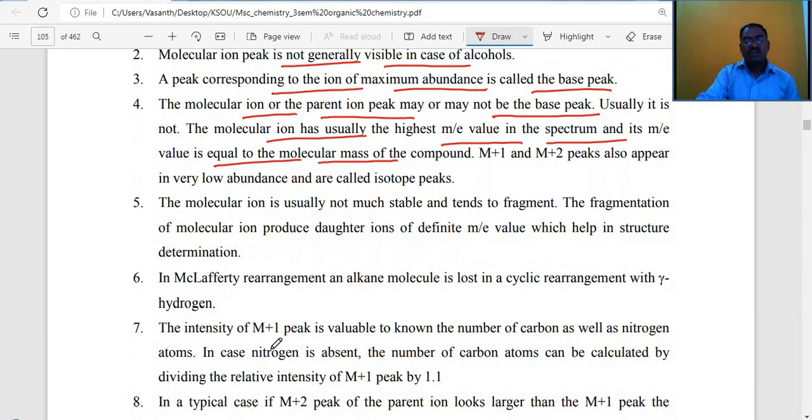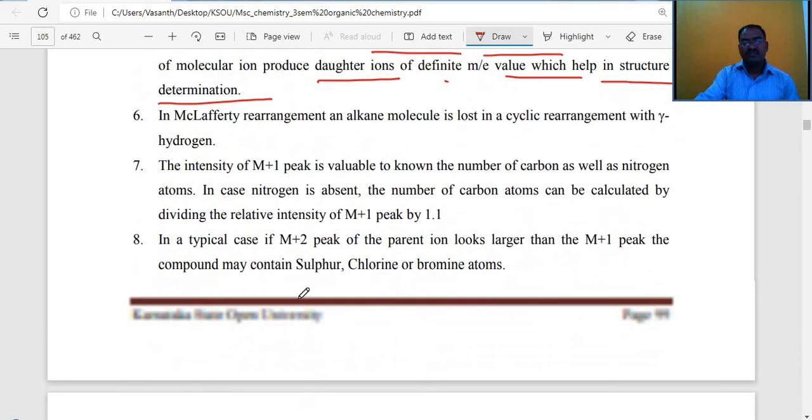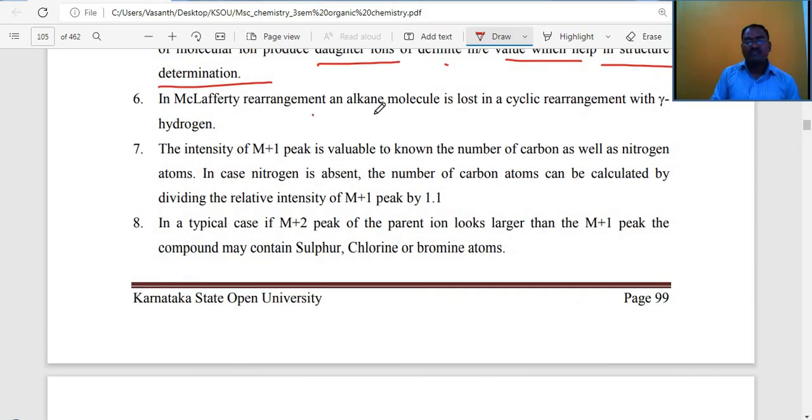The molecular ion is usually not very stable and tends to fragment. The fragmentation of the molecular ion produces daughter ions of definite m/e value, which helps in structure determination. The McLafferty rearrangement on an alkane molecule is a cyclic rearrangement with gamma hydrogen.